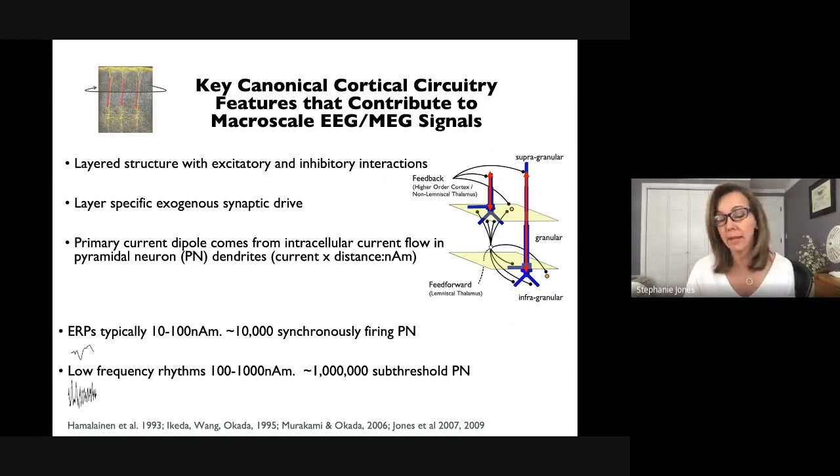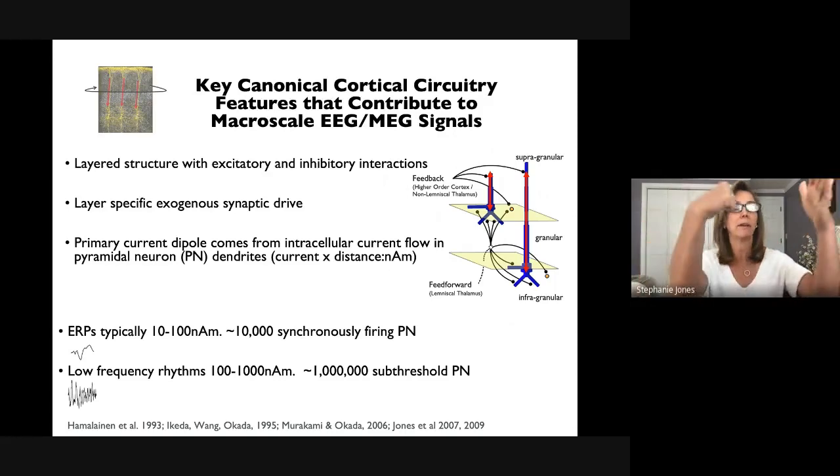Now, we know something about the size of some of the most commonly measured signals. When you record outside of the head, you're typically only looking at a few things. You're looking at either ERPs, event-related potentials. You give some kind of sensory stimulus and you get an ERP. The other thing that you see are low frequency oscillations, typically under 100 hertz, in the alpha, beta, gamma bands. ERPs are usually on the order of 10 to 100 nanoampere meters.